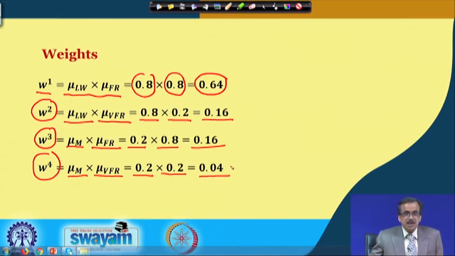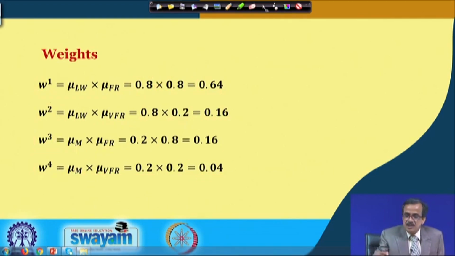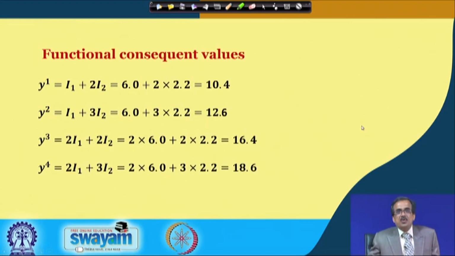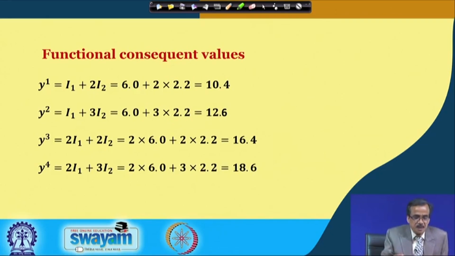So, this is the way we will have to calculate the weights of the different fired rules, and once we have got these weights, we are in a position to find out the output of each of the fired rules, and then I will combine.